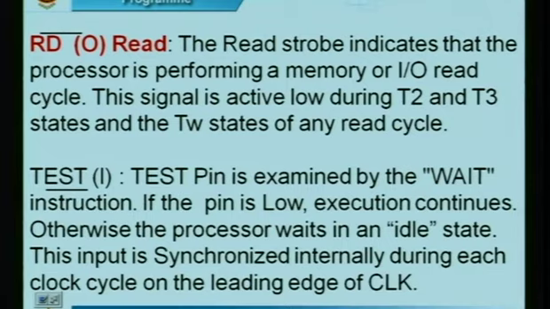We have just looked into the read bar signal and test bar signal. I just said that we will discuss this particular signal later on. The test bar pin is used along with an instruction called wait.